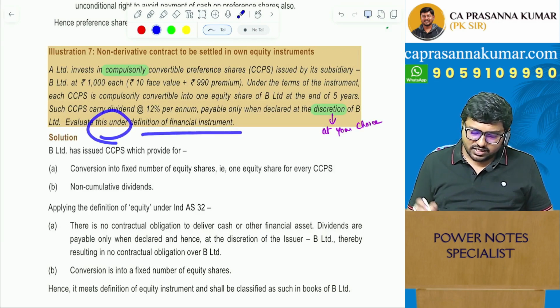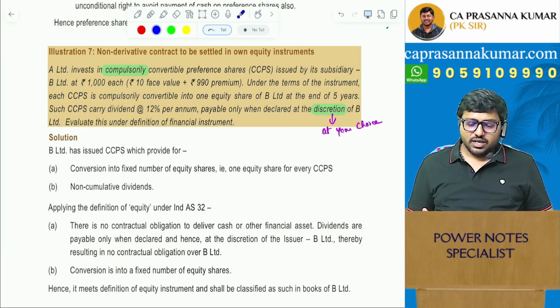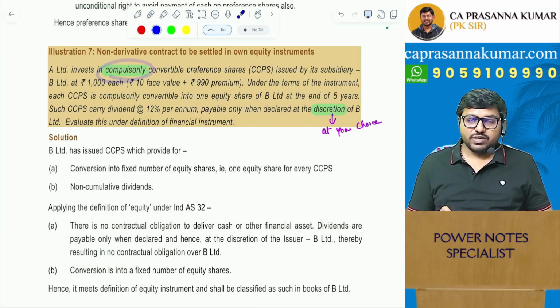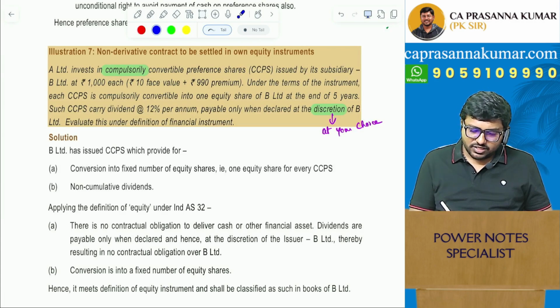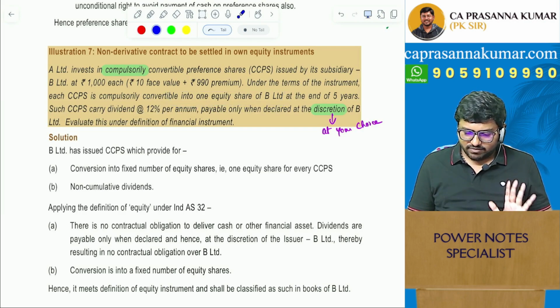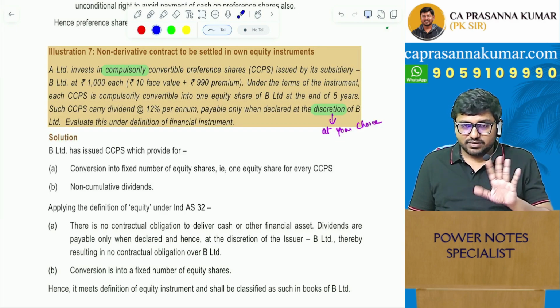Evaluate this under the definition of the financial instrument. Now, first of all, did we complete the fixed to fixed test? Yes. Let's apply it. Is it getting converted into a fixed number of equity shares? As you can see, every one preference share will be converted into one equity share. Correct? Fantastic. So does it satisfy the fixed to fixed test? Yes.